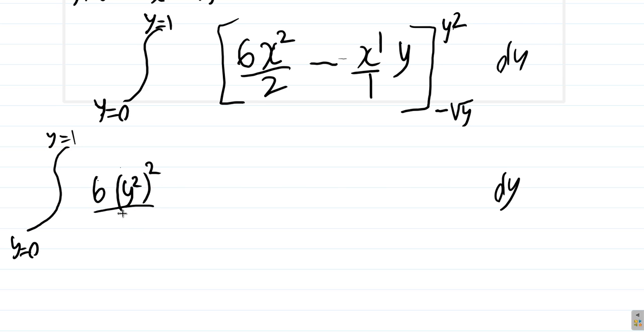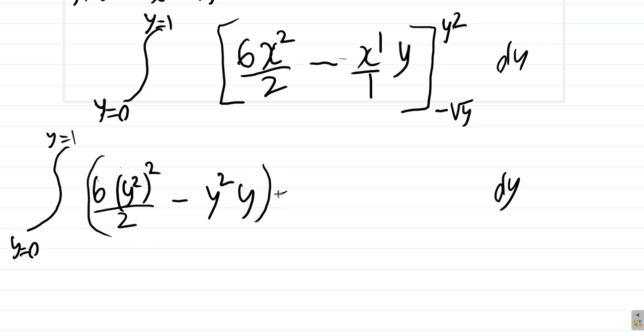Divide by 2 minus, and you have x is y squared, so it's x, but you substitute y squared for it. So it's y squared, and it's to the 1 over 1, but you don't need to write that. So it's y squared times y.